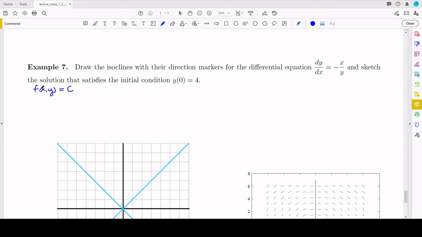We look at where the derivative or the slope of the solution is equal to c. So f of x, y in this case is negative x over y equals c.